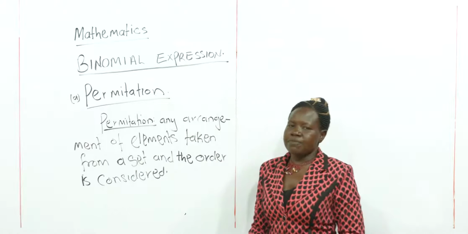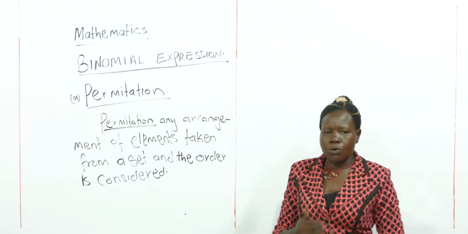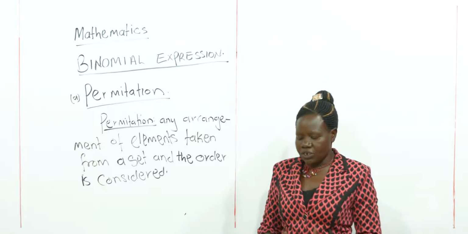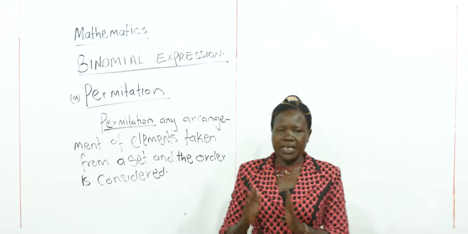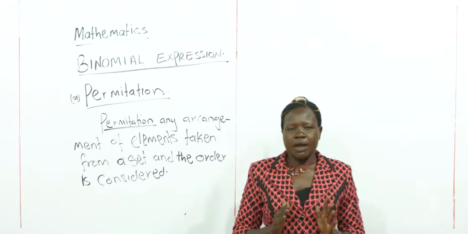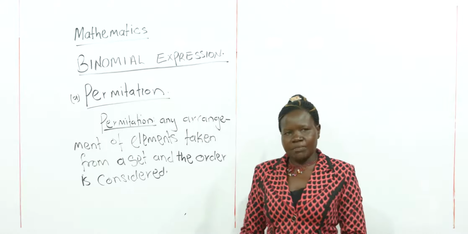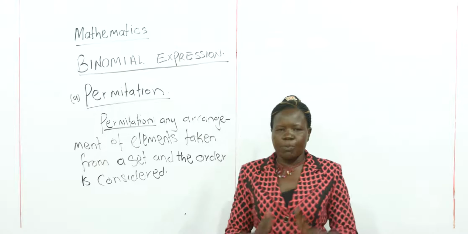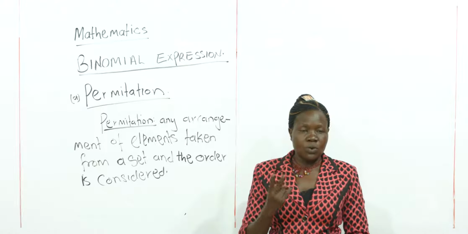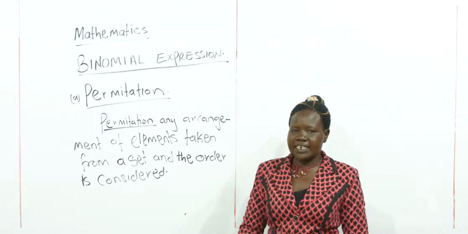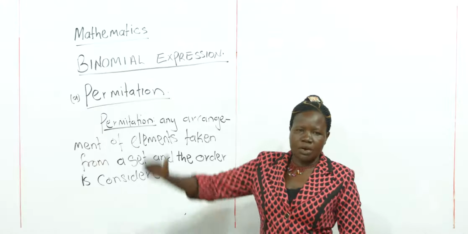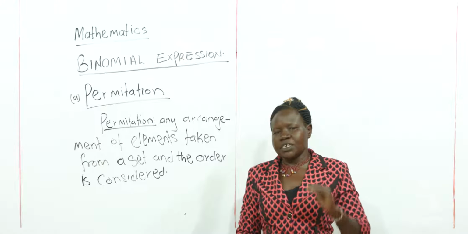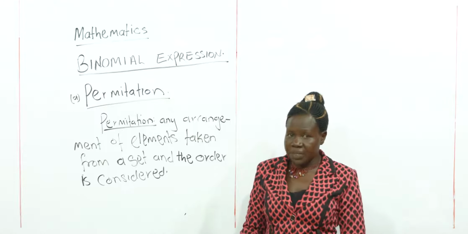In everyday life, even in our homes, in whatever activity you do, you always tend to organize your things in a proper order. When we are trying to arrange things in a proper order, we have to follow two orders. That is ascending, which begins from the smallest going to the highest, or descending, which begins from the highest coming to the lowest.